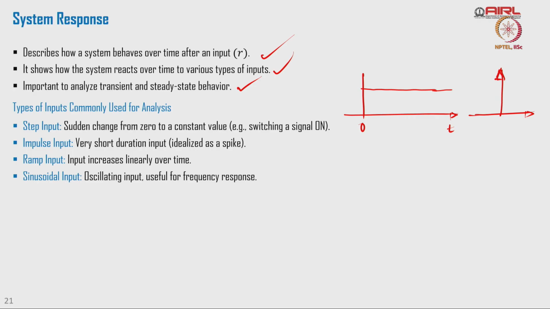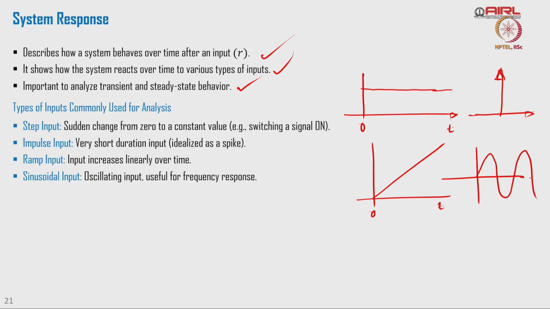Then ramp input works like this, it varies linearly with time, and sinusoidal input all of you are familiar with. Now, what we want to check in system response is the behavior of the system when it is subjected to these kinds of inputs like step input, impulse input and so on.